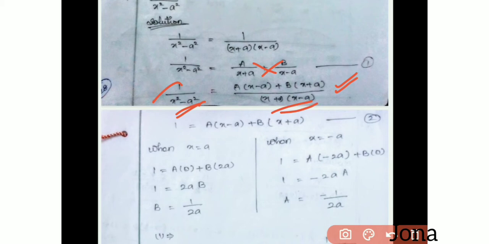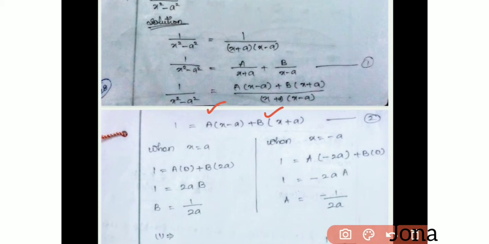Here x square minus a square is nothing but x plus a into x minus a, the same thing I had here. So I cancel both the denominators. Therefore I get only the numerator: 1 equal to A into x minus a plus B into x plus a. Now I want to find the values of A and B.